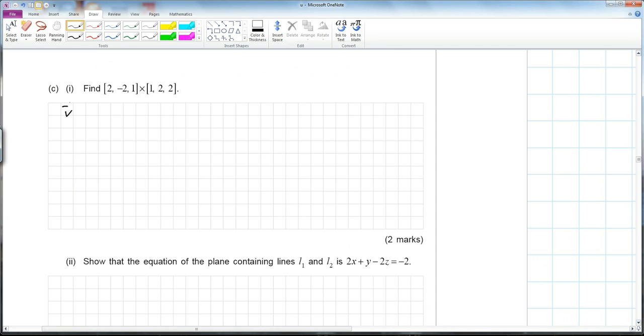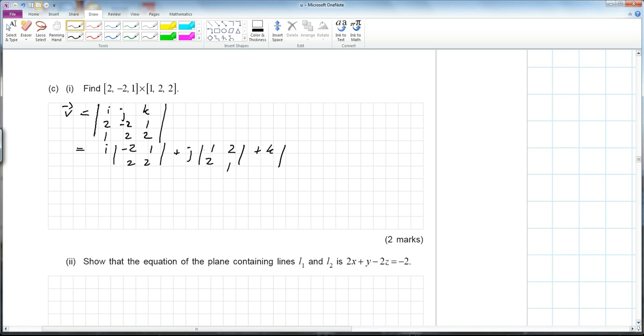We'll call that V. Just working that out, what I'll do here is cover up this row and this column, move to the next column, so 1, 2, and then back around to the beginning again, 2, 1, plus k times 2, 1, minus 2, 2.